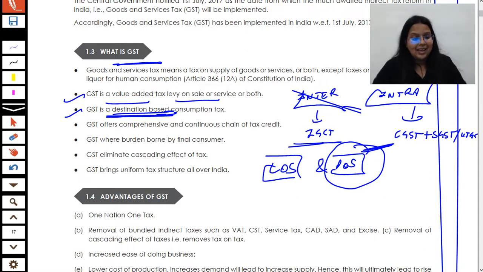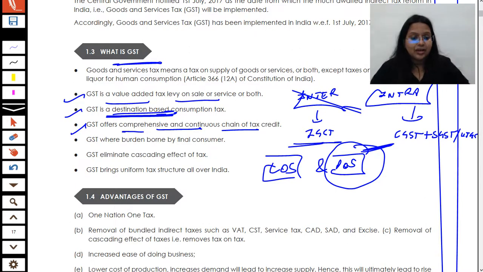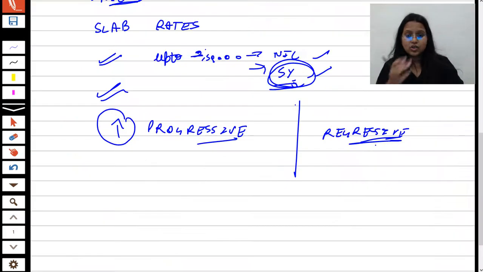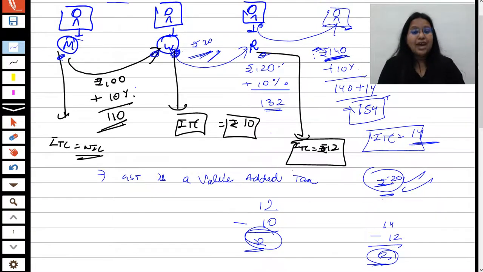Okay, as we saw in the example, GST offers a comprehensive and continuous chain of ITC, so we can claim ITC at every stage. GST is where the burden is borne by the final consumer. Now what does it mean? Students, at every stage, whether it is a wholesaler, retailer or manufacturer, everyone is going to take the ITC.